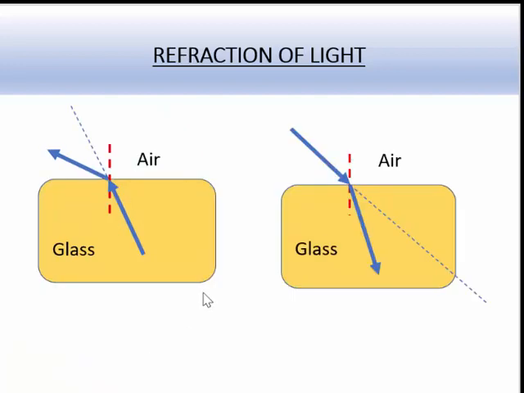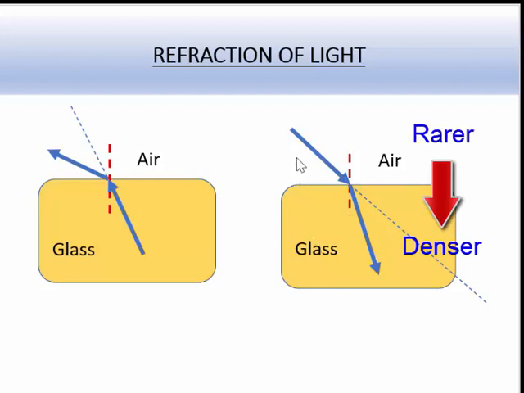Now, look at this. I have taken the same example, but I have reversed the direction of the light ray. Look at this diagram first. Now, in this case, the light is traveling in the medium of air. It strikes the interface of the two media. The medium is going to change from air to a medium of glass. So now the light is traveling from a rarer medium to a denser medium.